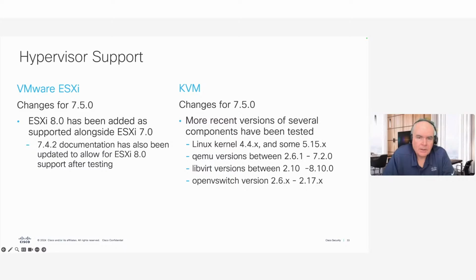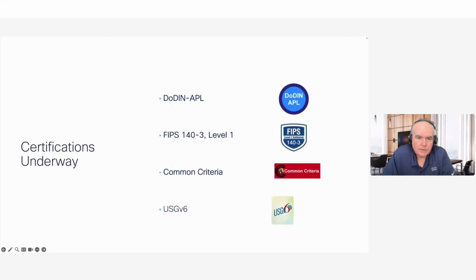Okay. And then on the certifications, I did mention the major driver of this release was to make it compliant, or help us get compliant, with a lot of these certifications: DODIN, FIPS, Common Criteria, and USG v6. So definitely for the US federal government, this is key for us.